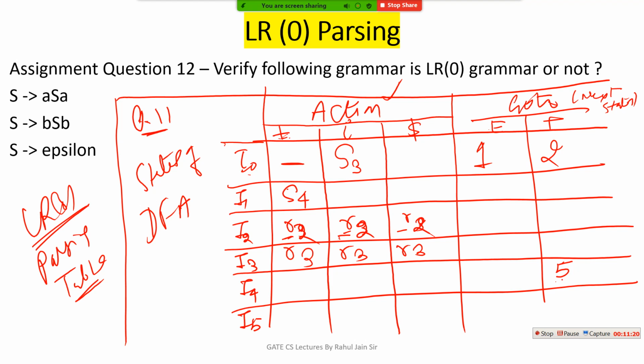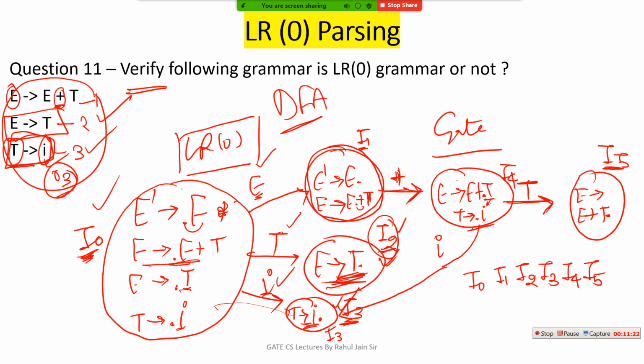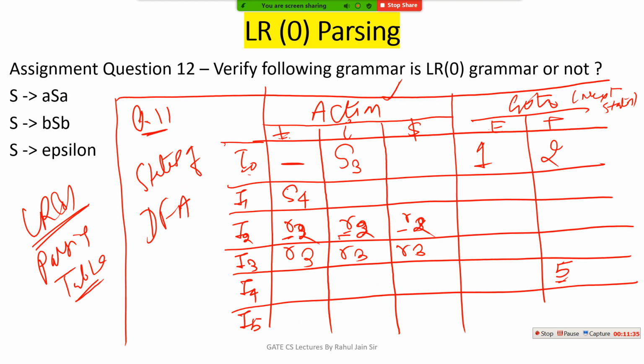So I just need to mention the next state name here. And I4 on small i, it is reducing again with R3. So in the I4 action table entries, I again need to mention R3, R3, R3.